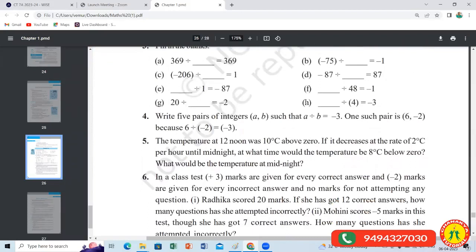You have to make such 5 pairs. A divided by b should be equal to minus 3. Any 5 pairs, you have to make your own pairs. Think and make.